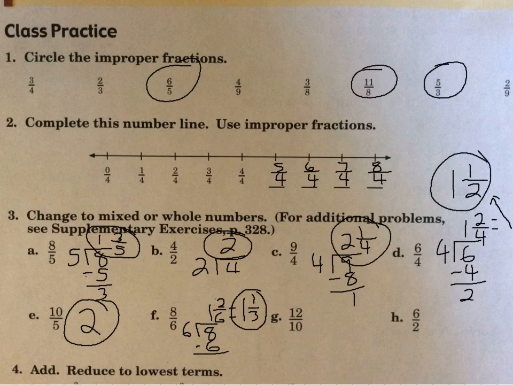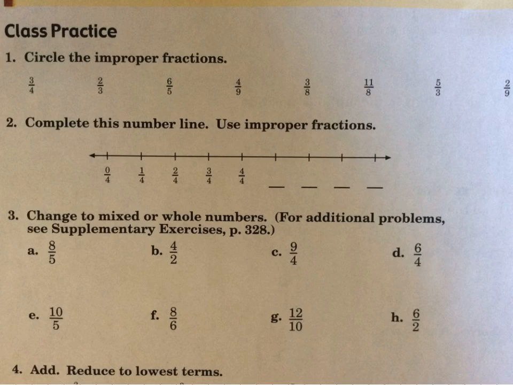Okay, G, 10 goes into 12. One time. We subtract and we get 2. So we get 1 and 2 over 10. Now that can be reduced.